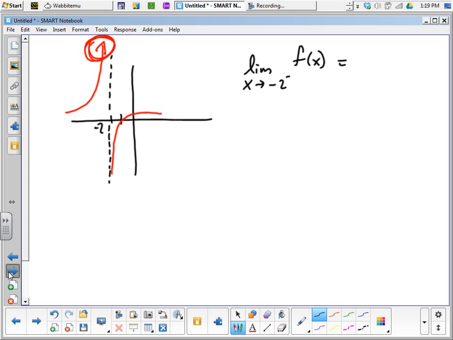It changes pages on me every now and then. All right, so it's going up to infinity on the left this time. And this time on the right of -2, it's headed down, right? So you're looking at this arrowhead. It's negative infinity, going down, down, down.